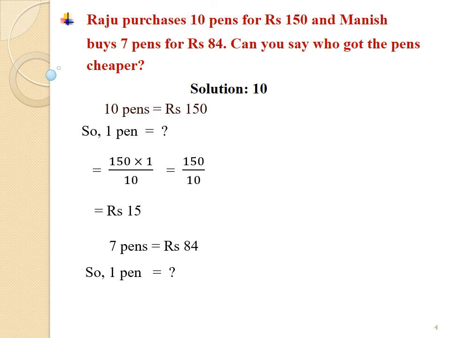Now, multiplying 84 by 1 and keeping denominator 7 same, we get 84 by 7. Now dividing 84 by 7, we get 12. Thus, Manish purchased 1 pen at rupees 12. So, we can say that pens purchased by Manish are cheaper than Raju's.